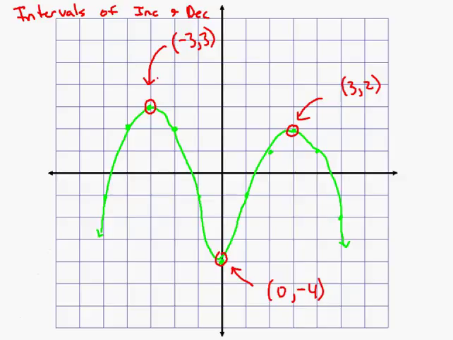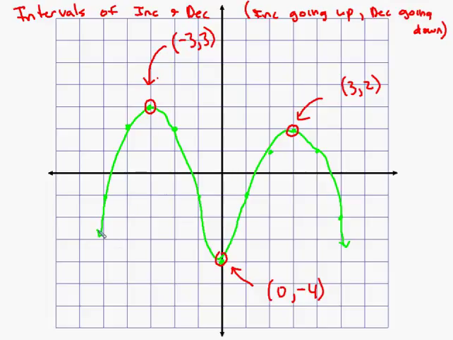Well, increasing and decreasing is actually just like the rest of today is pretty simple. Increasing is where it's going up. And decreasing is when it's going, what do you think? Down. But it's figuring that out that is tricky, and you need your calculator to figure this out.